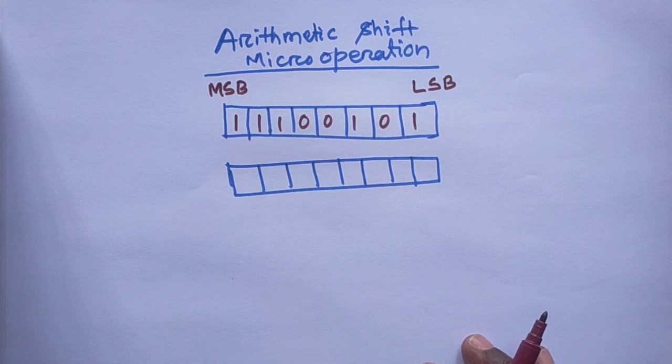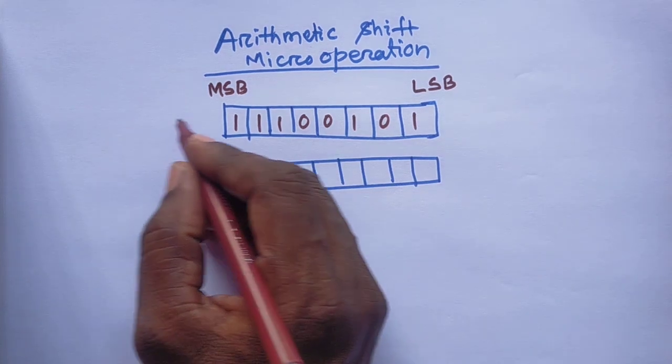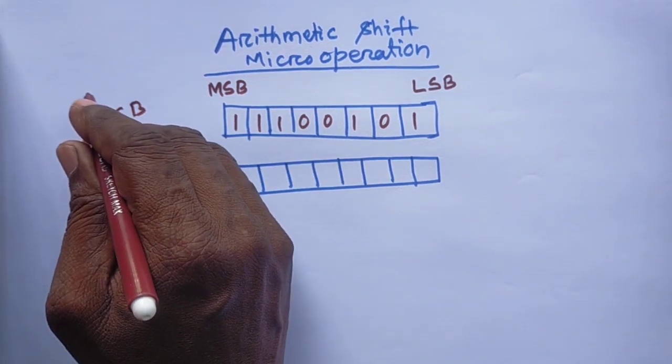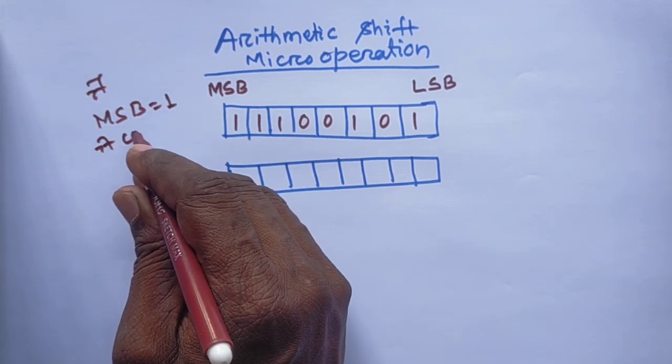If the MSB bit is 1, it is considered as a sign bit.